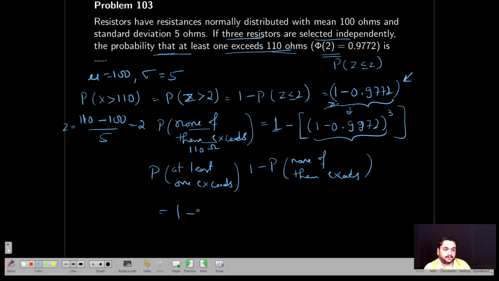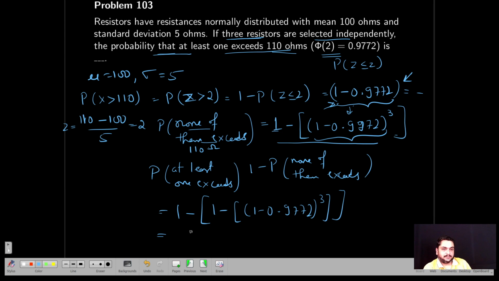This is equal to 1 minus P of none of them exceeds, which is 1 minus 0.9772 whole cube. If you want, you can calculate the values here for simplicity. You will get the answer as 0.0228. The only thing is you are applying the product rule and then the subtraction rule here.